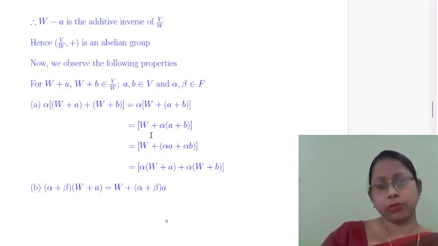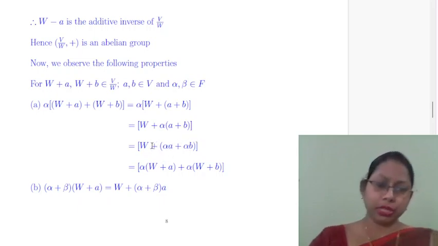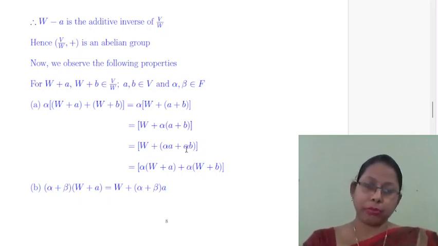Then in the next step, we can write this as W + alpha(A + B) by using the scalar multiplication property. Next, this can be written as W + (alpha A + alpha B), as alpha belongs to F, A and B are elements of V, and V is a vector space. Using the definition of vector space, I can write this in this form: W + (alpha A + alpha B).